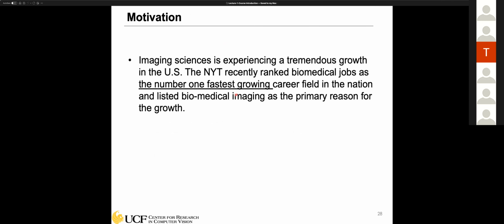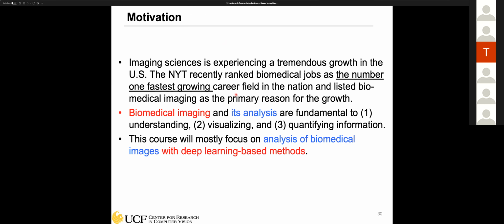But maybe take one more minute just to give you the motivation of doing this course. First, imaging science is growing tremendously in the US and even across the globe, so there are a lot of job opportunities if you go into this domain. Biomedical imaging and its analysis are fundamental to a couple of things.